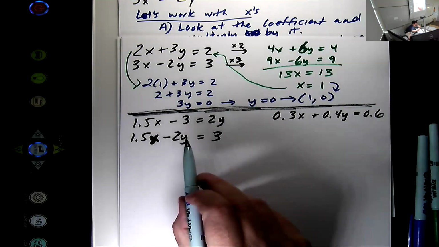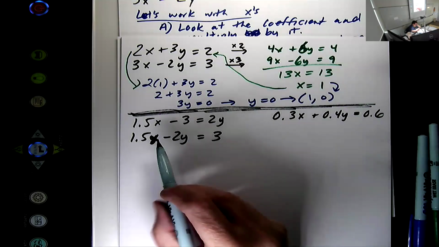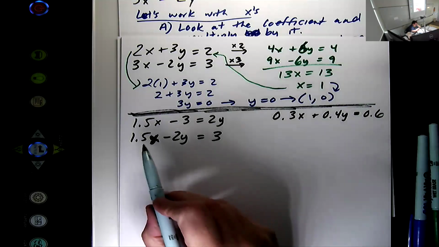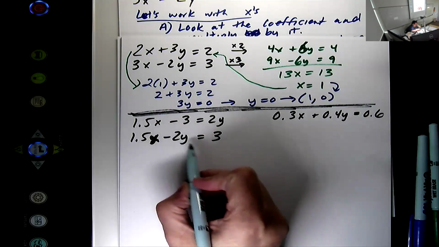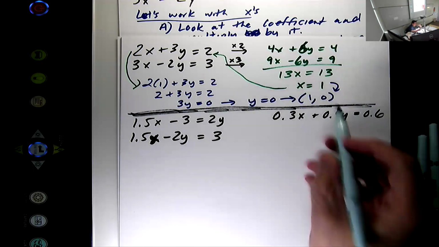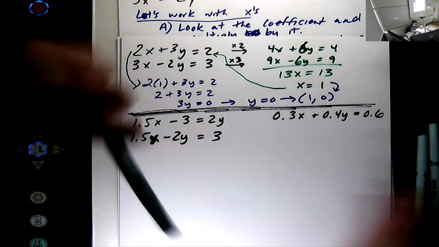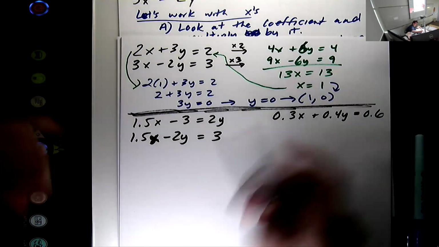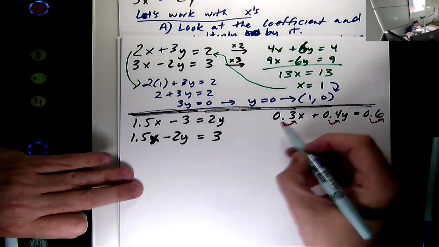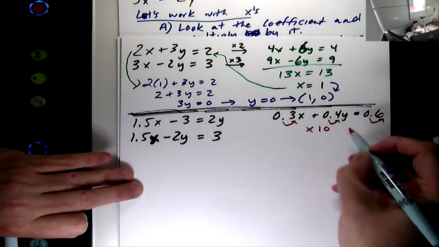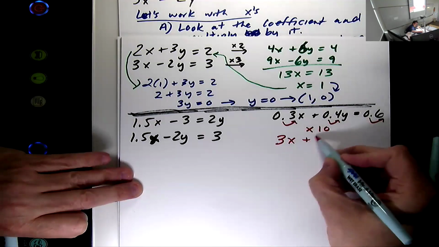So I have two options. I can either pick a small number to multiply by that gets rid of it, or I can shift the decimal over 1 on every single number, which is the equivalent of multiplying by 10 on the whole equation.